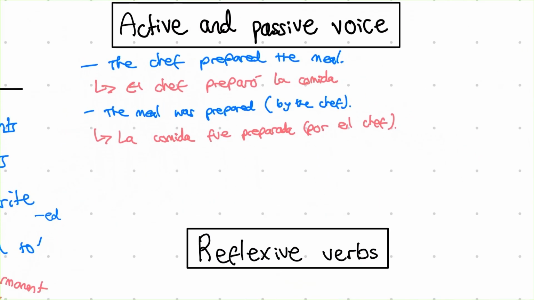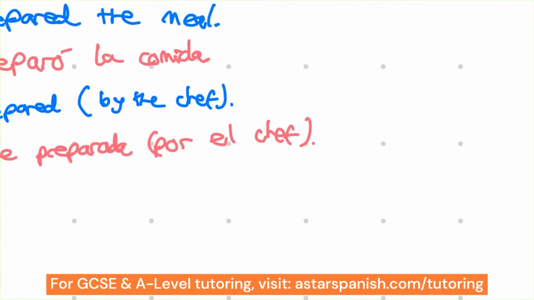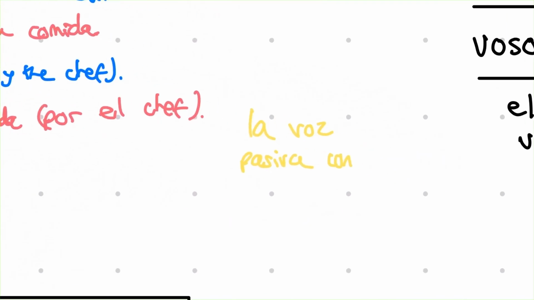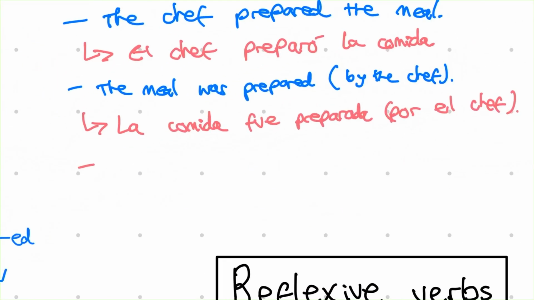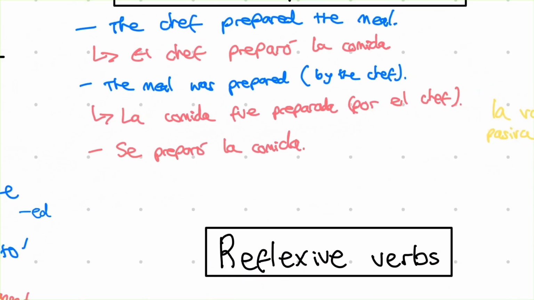However, it's quite a long way of going about it. There is another type of passive voice, which is la voz pasiva con se. So with this pronoun se. Let's have a look at that really quickly. So to say the same sentence, I could say se preparó la comida. So this has the same meaning as la comida fue preparada.